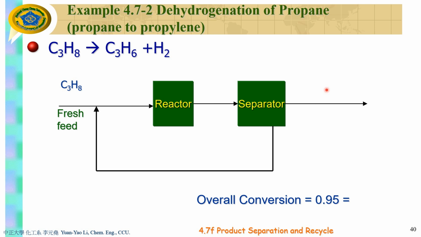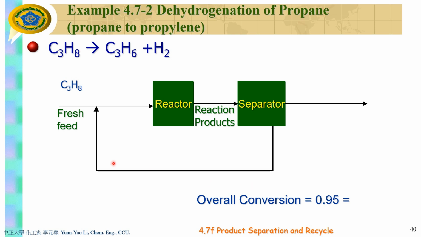That's why the conversion rate is 95%. This is a kind of specification, so let's remember this: the specification for the input here and the output here. Then this propane goes to the reactor, and because the conversion rate is not good, you have a separator to return the propane back to the reactor. So this is the recycle stream, right?